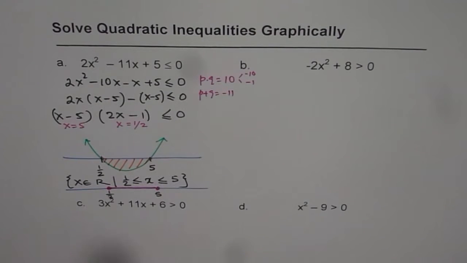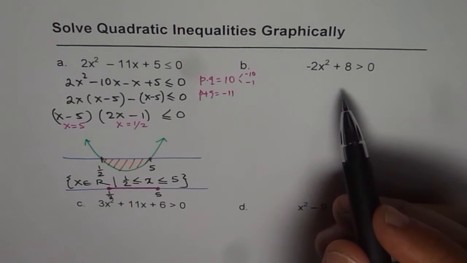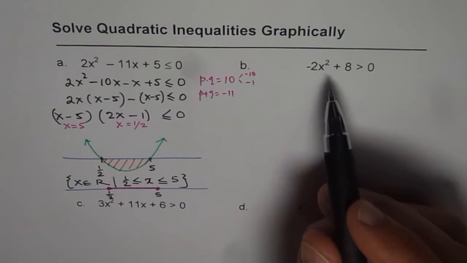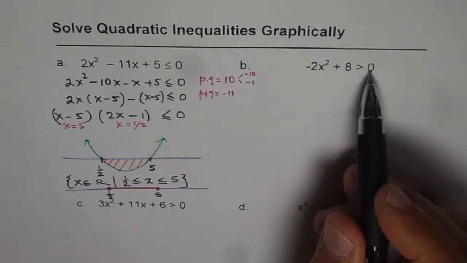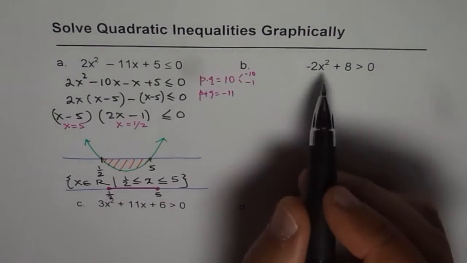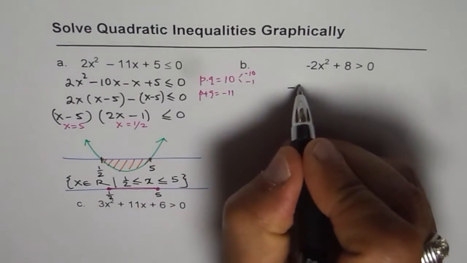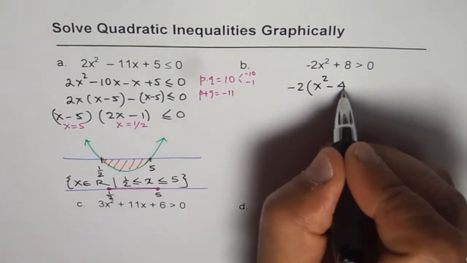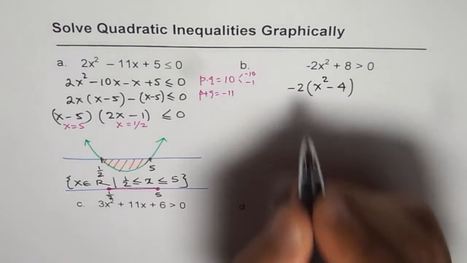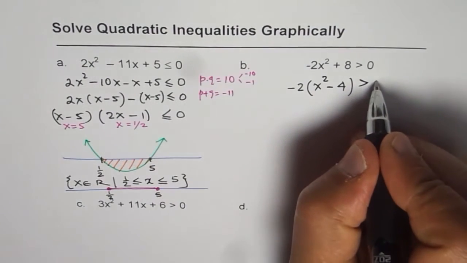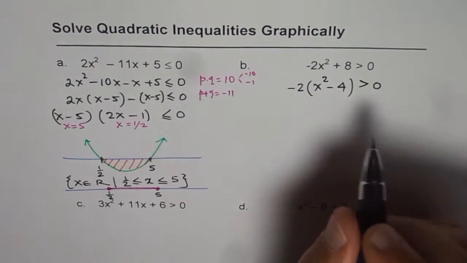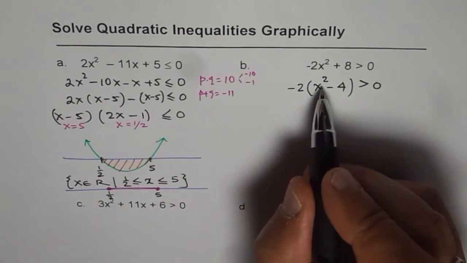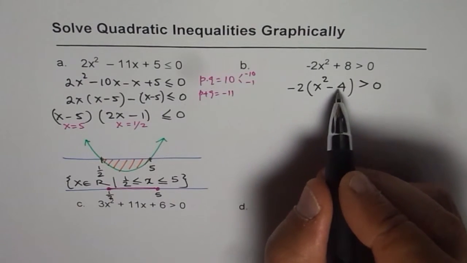Now we will follow the same method to solve the other inequality. This time it is minus 2x squared plus 8 greater than 0. Minus 2 is common, so let me take minus 2 outside. So we get x squared minus 4 times minus 2, greater than 0. Now x squared minus 4 is a difference of squares, x squared minus 2 squared.